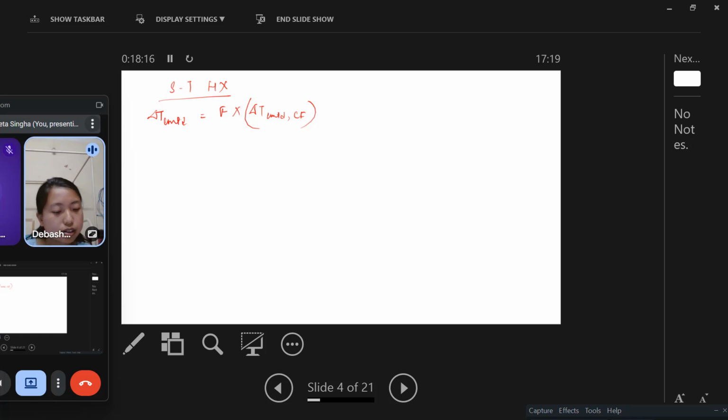So this is the equivalent counter flow with the same temperatures and the same area. So this is for shell and tube.